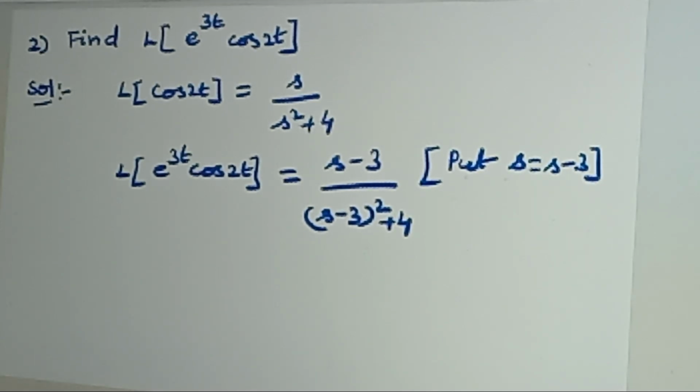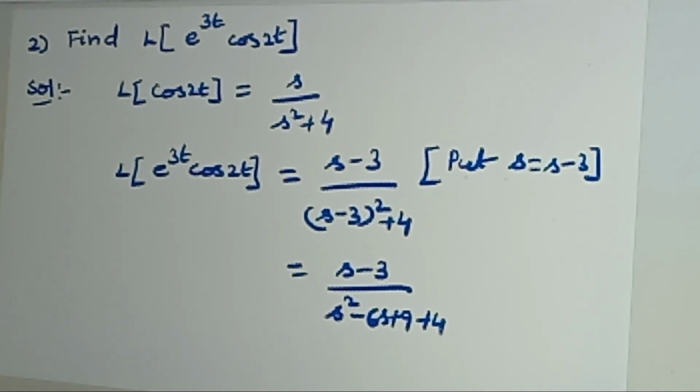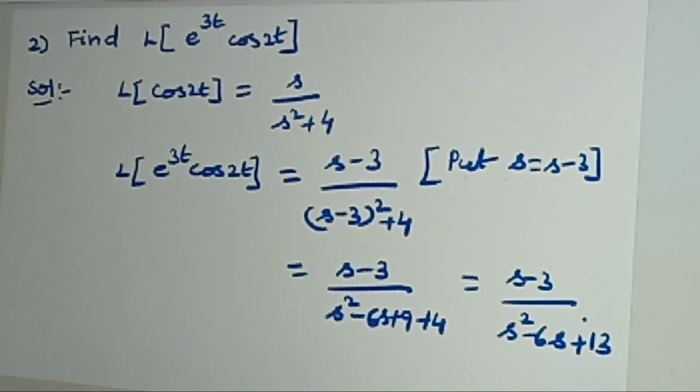Okay. After this, you can write the simplified answer s minus 3 upon s square minus 6s plus 9 plus 4, which will give you s minus 3 upon s square minus 6s plus 13. Okay. So these two examples are very simple and it helps you to understand the concept in a clear way.